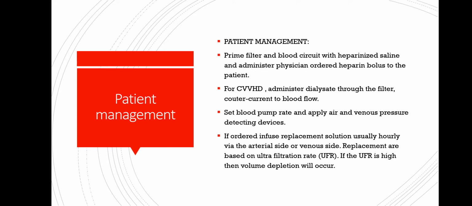Next, if ordered, infuse the replacement solution, usually hourly, via the arterial side or venous side. Replacement is based on the ultrafiltration rate, known as UFR. If the UFR is high, then volume depletion will occur.